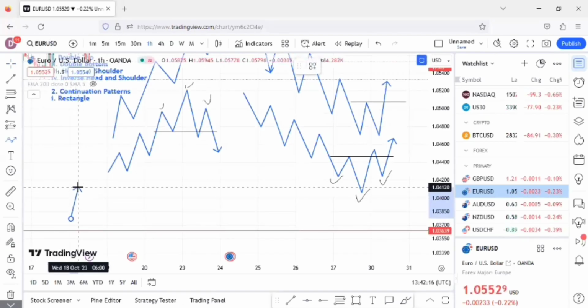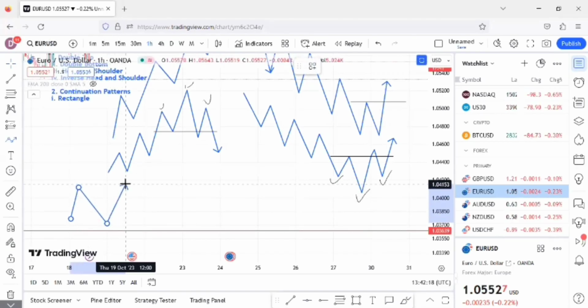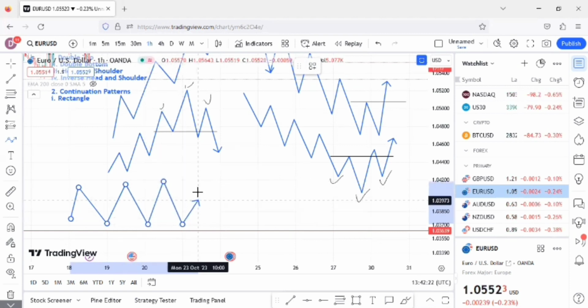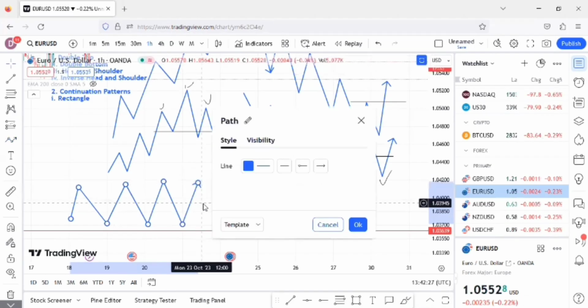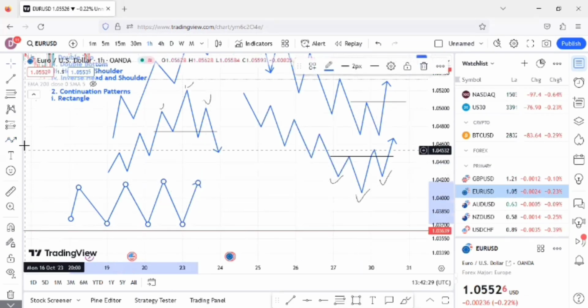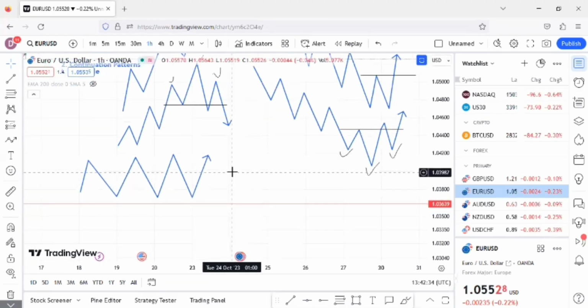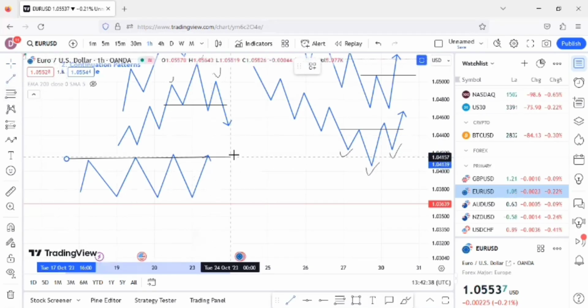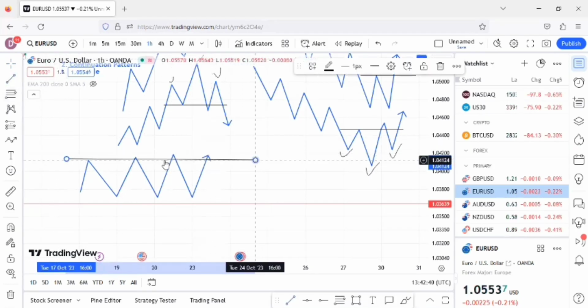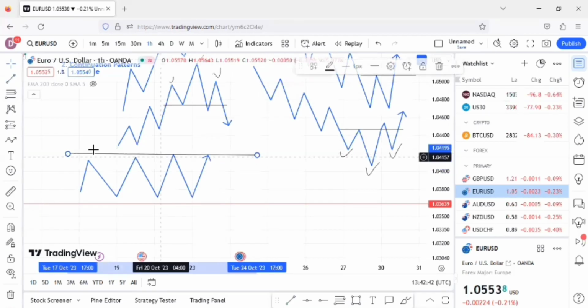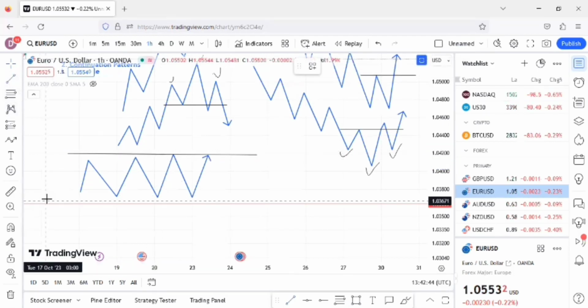It looks like this. When you see a pattern like this on the chart, we call this a rectangle. So here you have a line, and here you have another line.